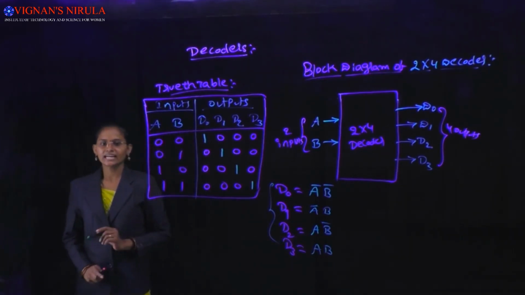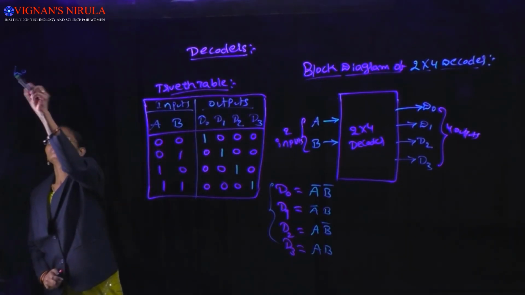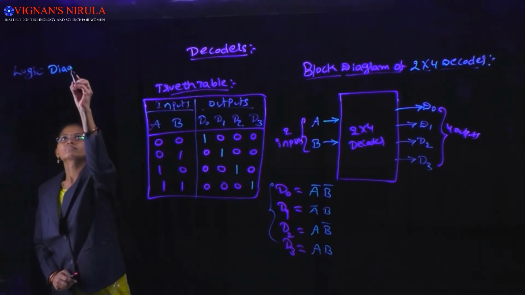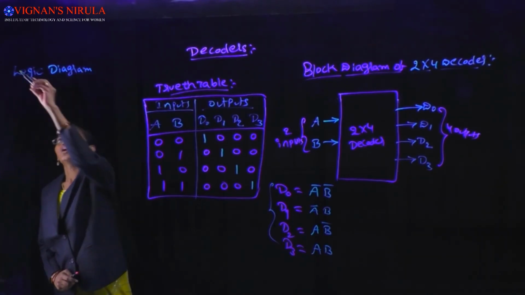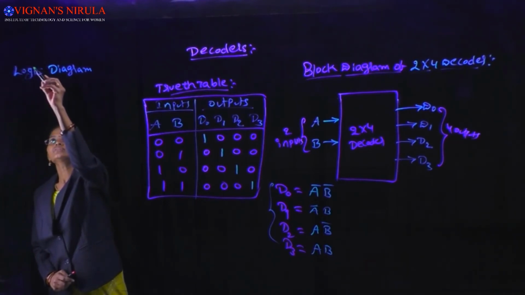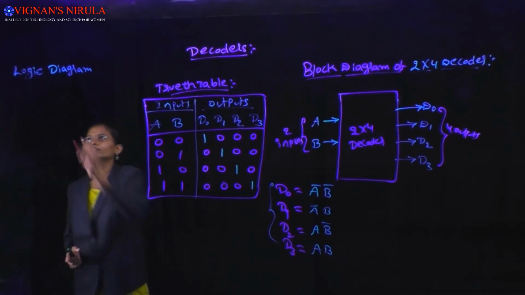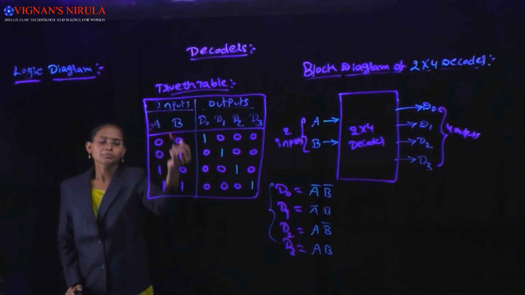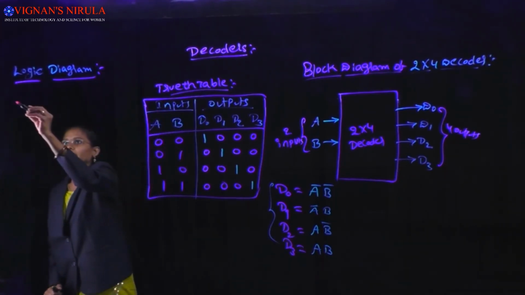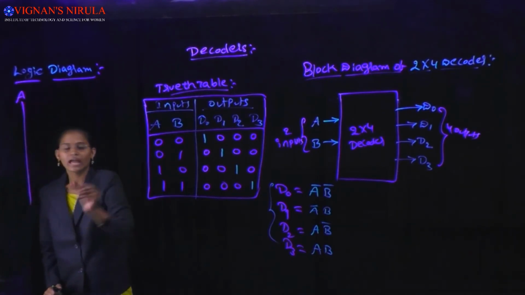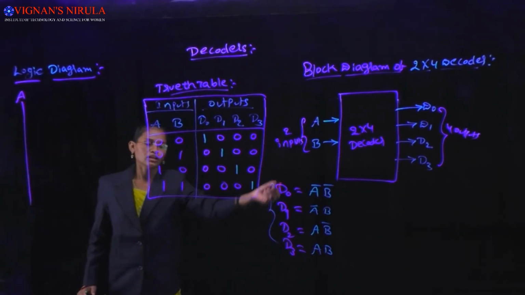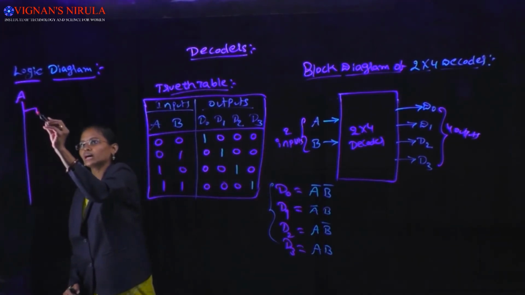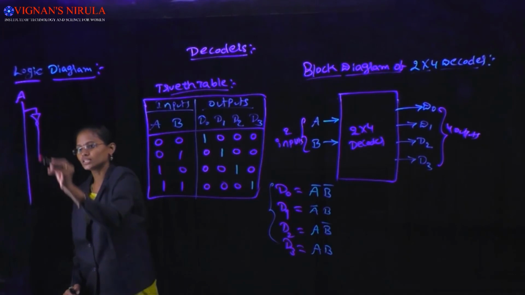Next, draw the logic diagram for the 2 to 4 decoder. In the truth table the inputs are A and B. In the Boolean equations A bar is indicated, so we draw the NOT gate also.